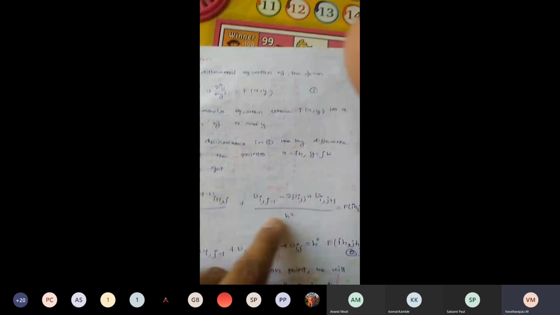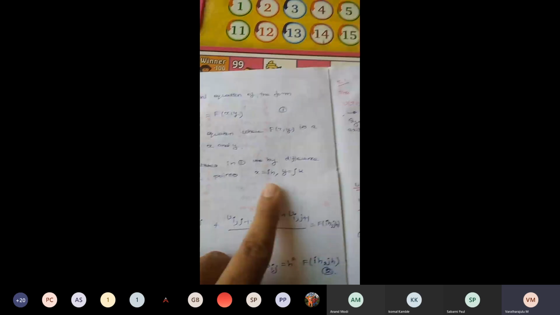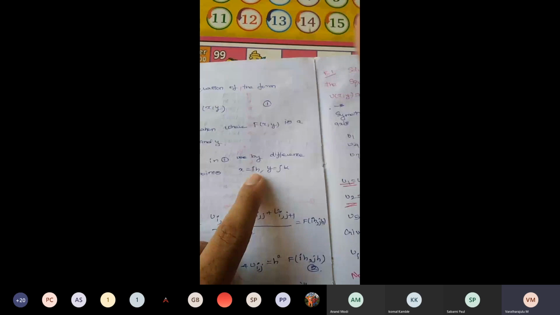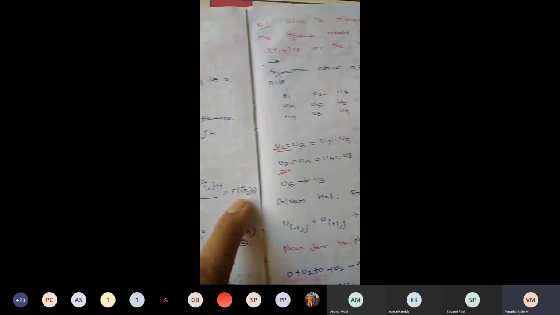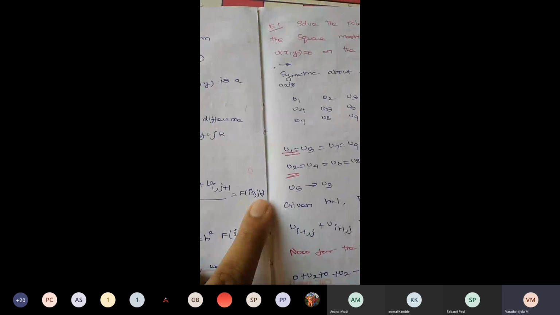Instead of k, here also we have given h, because we are going to take a similar mesh in both axes. h is equal to k, and x is equal to ih, y is equal to jh. How we achieve this simplification, I discussed during the derivation portion, and this is what we have applied in Laplace also.